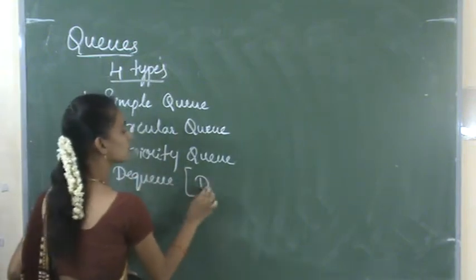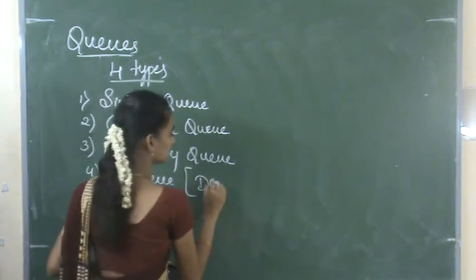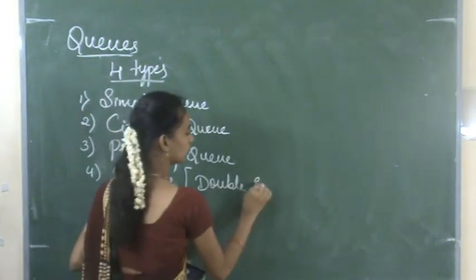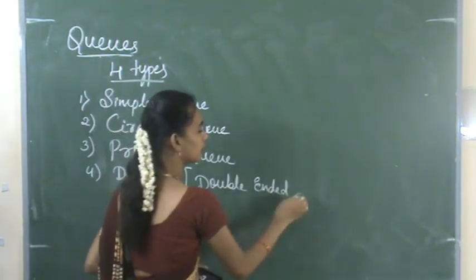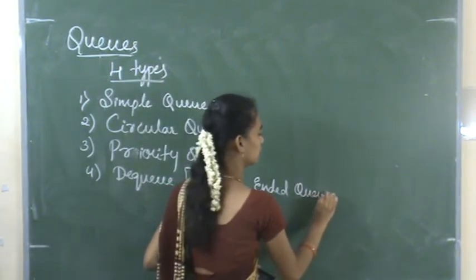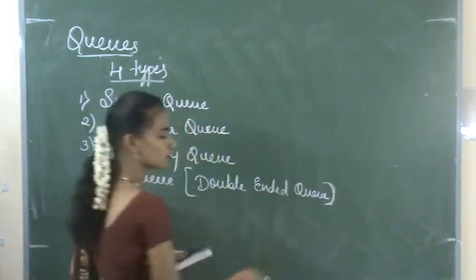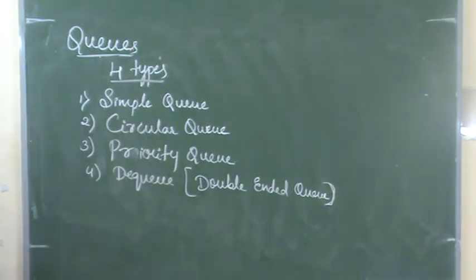DQ means double-ended queue. So these are the 4 types of queues.